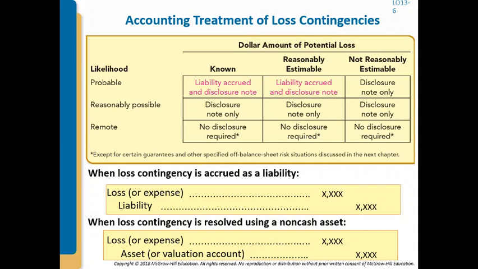If a loss contingency is resolved using a non-cash asset, or as you've seen with accounts receivable and the allowance for doubtful accounts, which is a valuation account, you credit the asset or the valuation account.